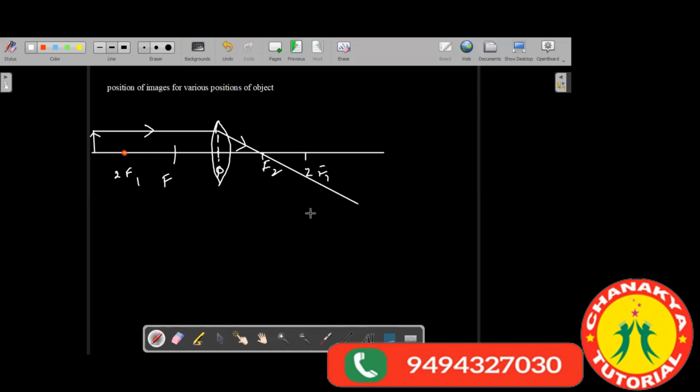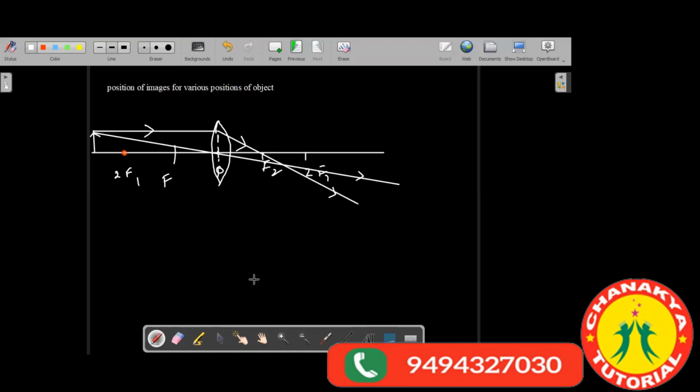Then to understand the image, we take the second ray of light passing through the optic center. So from here we take another ray which passes through the optic center, and we can see the two rays of light meet between F and 2F.